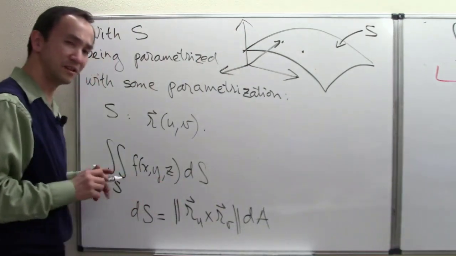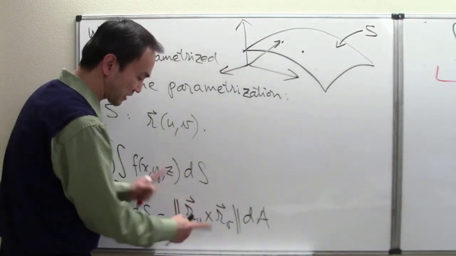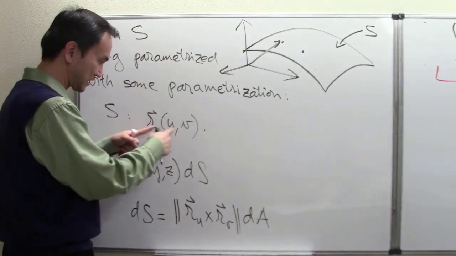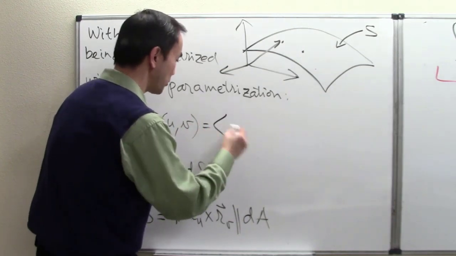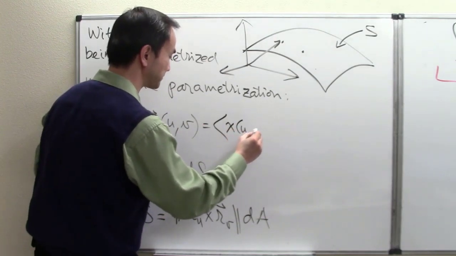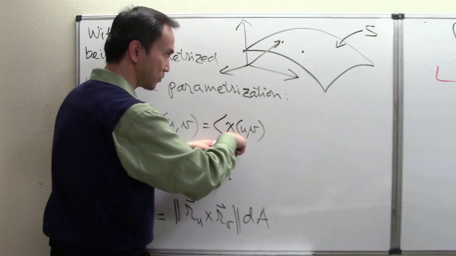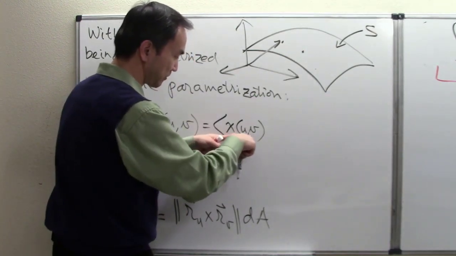And so now allow me to advance even a little further. Let me explain a little bit. See here that r is a vector value function, and formally speaking, the x component of this vector is a function, so the x coordinate of any point on that surface can be described as a function of u and v.